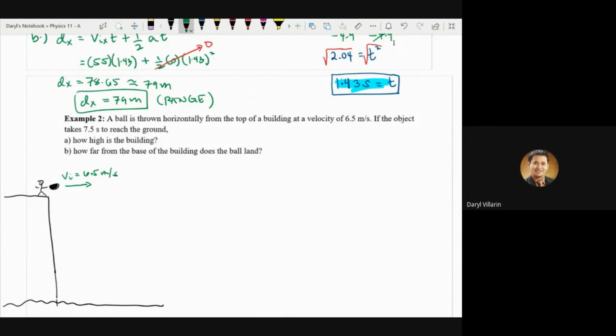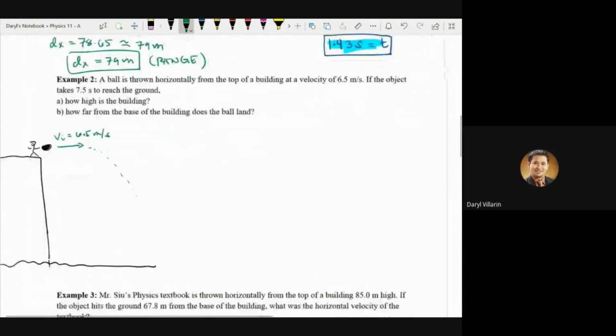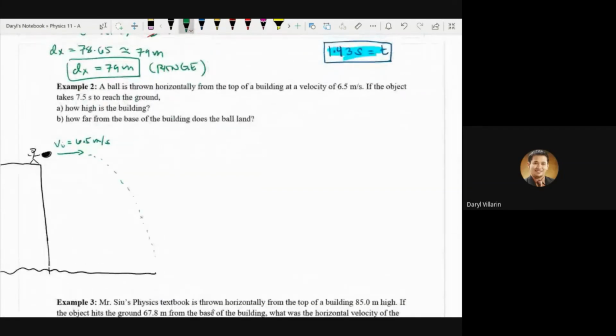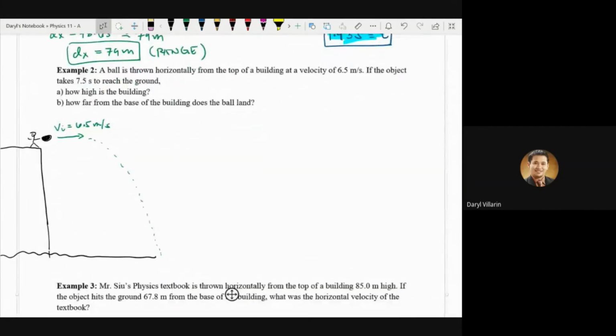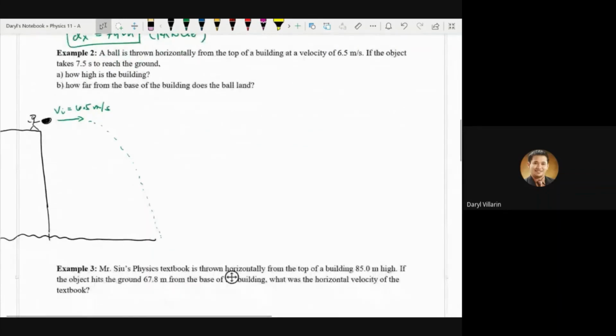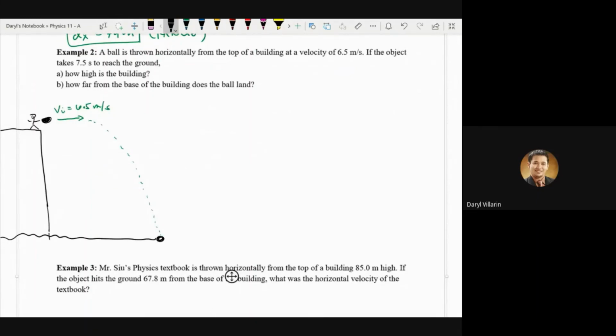If you throw that, it will not move in a straight line but in a parabolic form. The trajectory of your projectile will always be a parabola. So it reaches the ground here, and the time upon which it reaches the ground is given by 7.5 seconds.